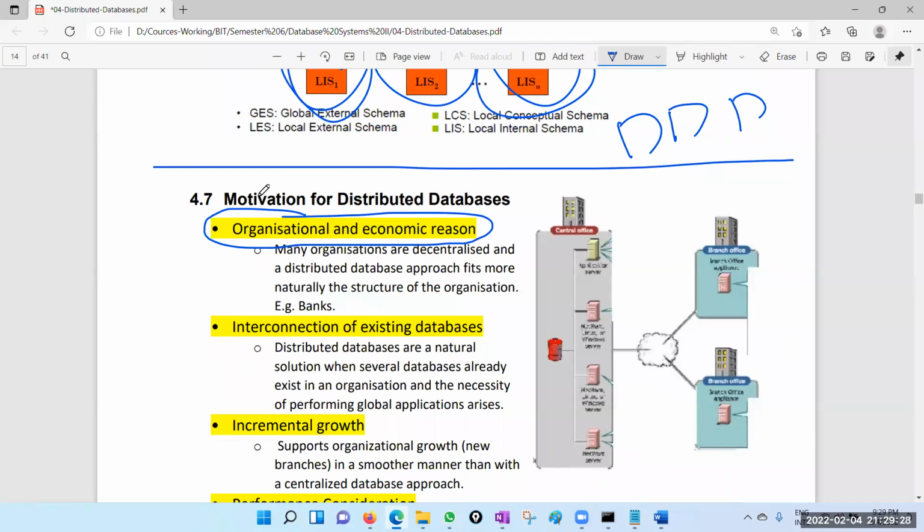It depends. For something like a bank, usually they prefer to go for a centralized approach. But when it comes to something like a supermarket, they prefer to go for distributed, because a supermarket is a more localized thing.